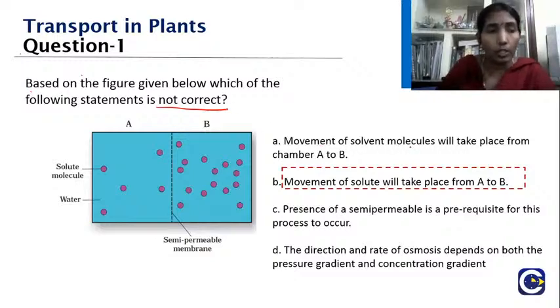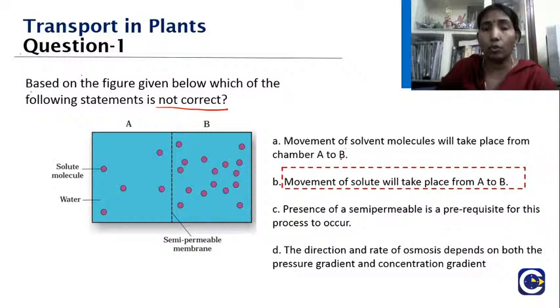Movement of solvent molecules will take place from chamber A to B. Movement of solute will take place from A to B. Presence of semi-permeable membrane is a prerequisite for this process to occur. The direction and rate of osmosis depends on both the pressure gradient and concentration gradient.